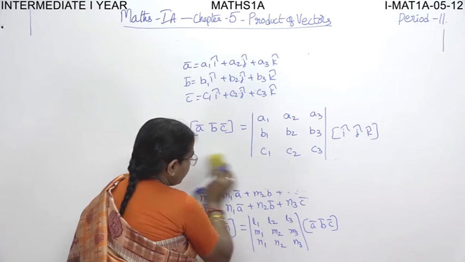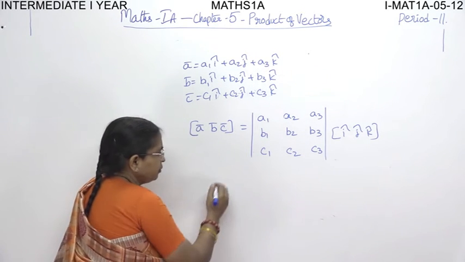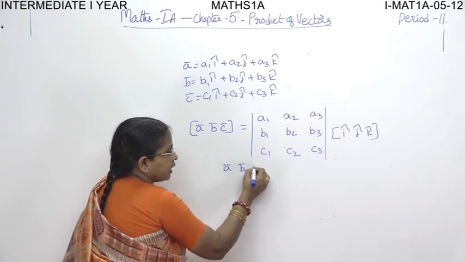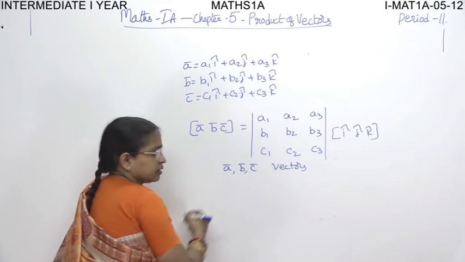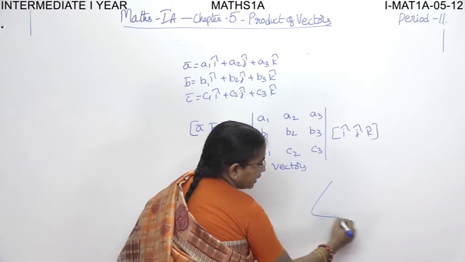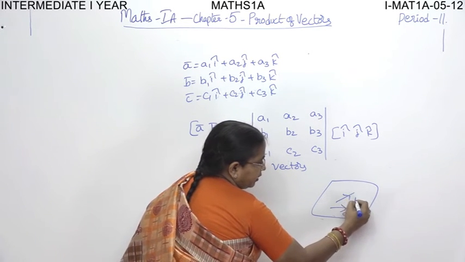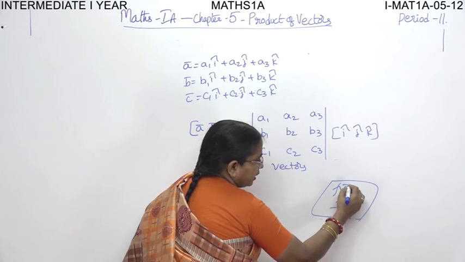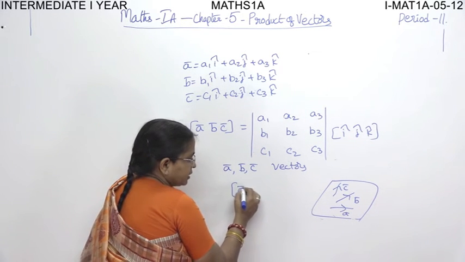Okay. Next property is, next we have a theorem. Suppose that A, B, C are 3 vectors. When they are coplanar, when they lie in the same plane, then their box product is 0.